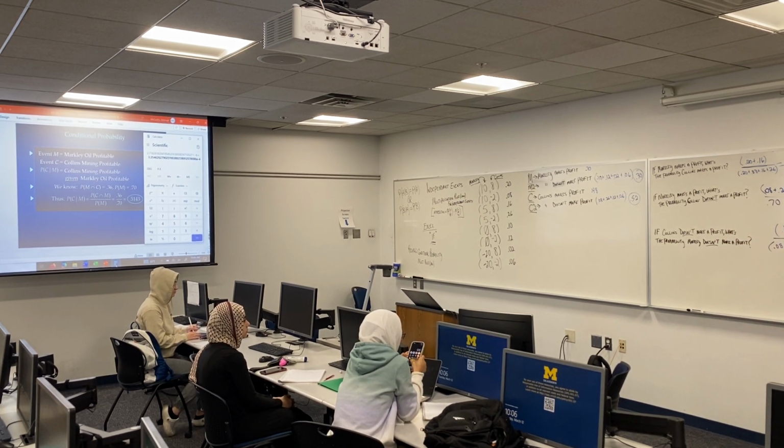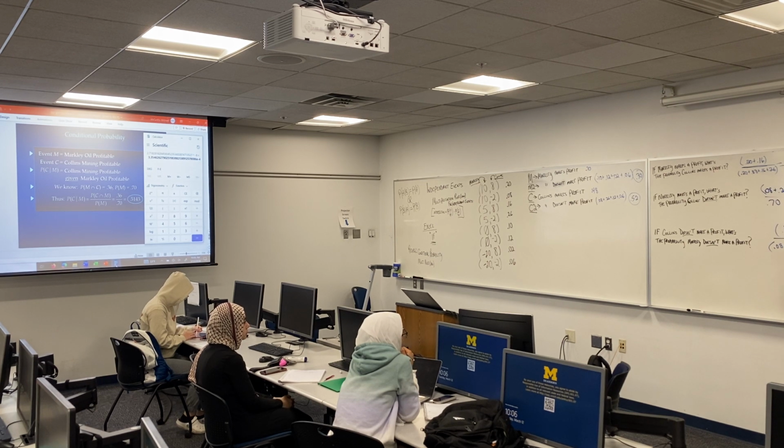Here we go. Point what? 0.3461, what's the digit after the 1? 5. Very good. There it is. In this conditional probability, the denominator was Collins Mining doesn't make a profit, so C2.